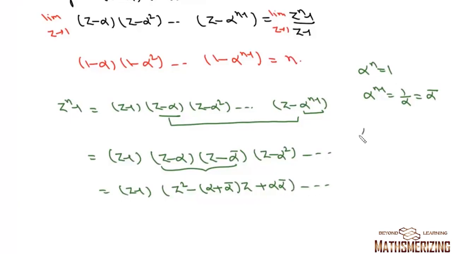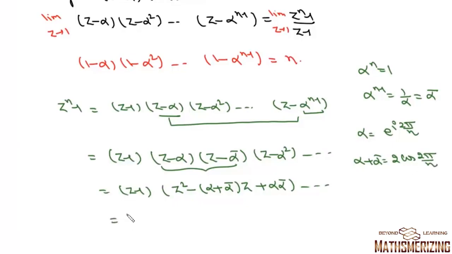Now we know that alpha is e to the power iota 2 pi by n, and alpha plus alpha bar will be 2 cos 2 pi by n.